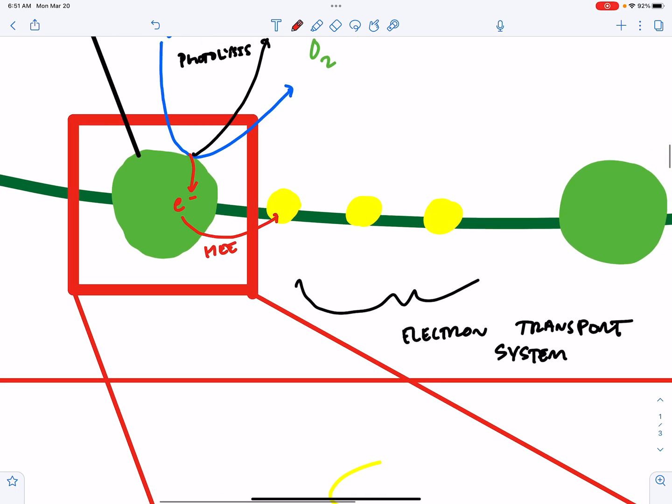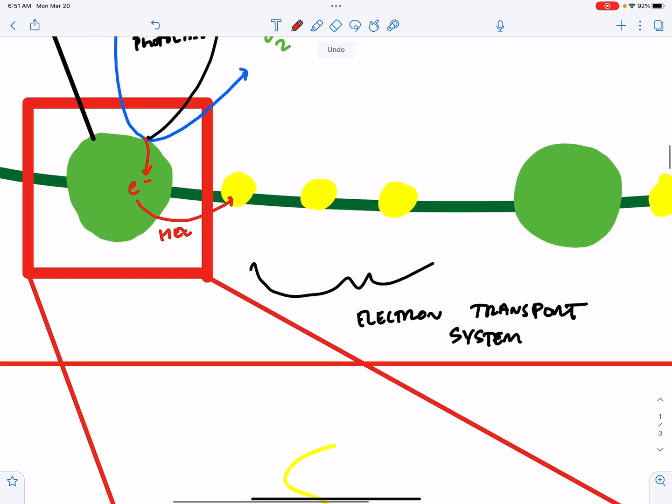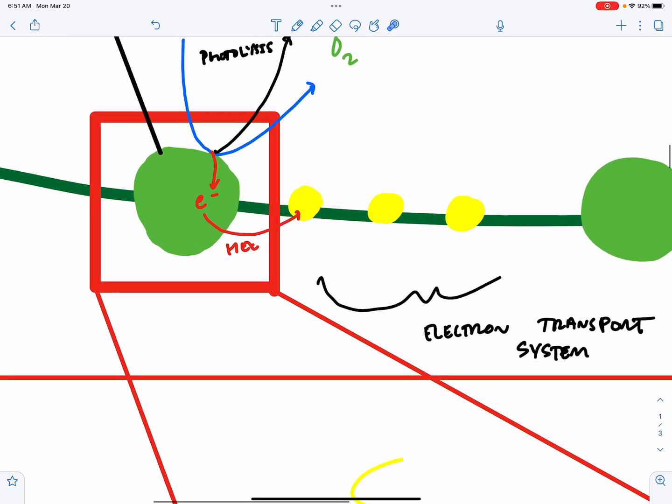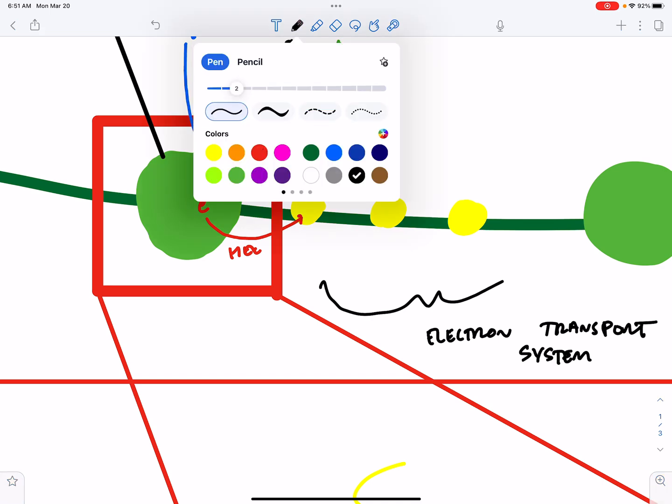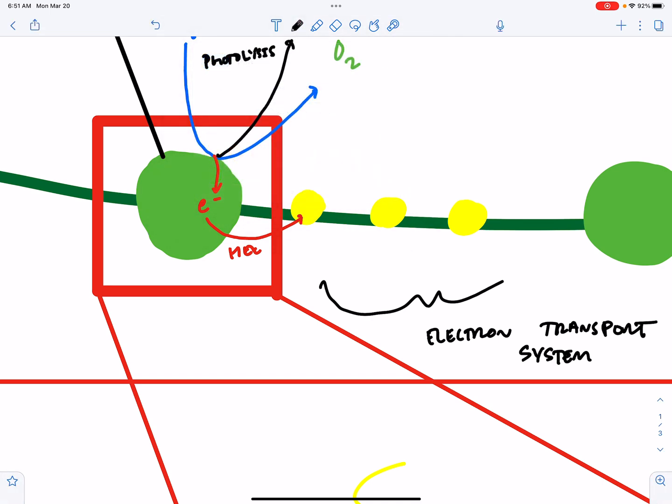So this is a high energy electron that is kicked out of the photosystem, and it's passed down to the first part of the electron transport system, or you'll also hear it called an electron transport chain because it's happening in a sequence. This first part of the electron transport system takes the high energy electron and uses a tiny little bit of the energy in the high energy electron to pump a hydrogen ion across the membrane.